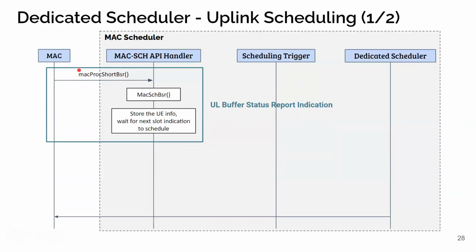The UE sends how much data it wants to transmit, and then the MAC will send this information to the MAC scheduler data handler, and this handler will store the UE info, which indicates how much data this UE wants to transmit. Then it will wait for the next notification to do the scheduling. This procedure is also called the uplink buffer status report indication.